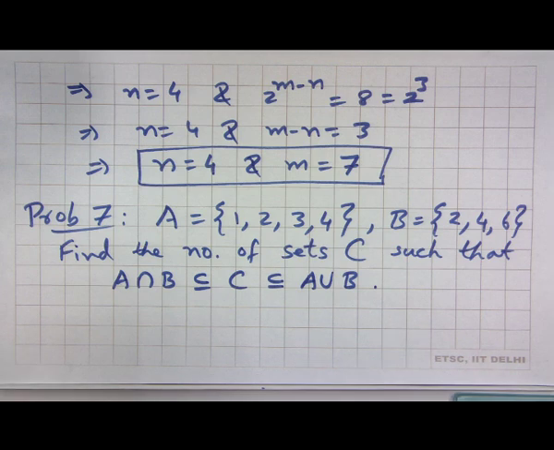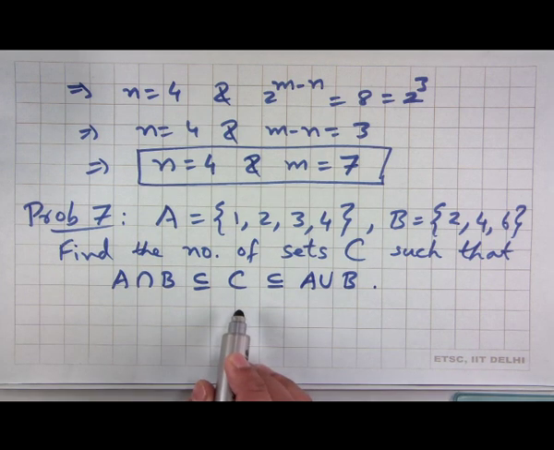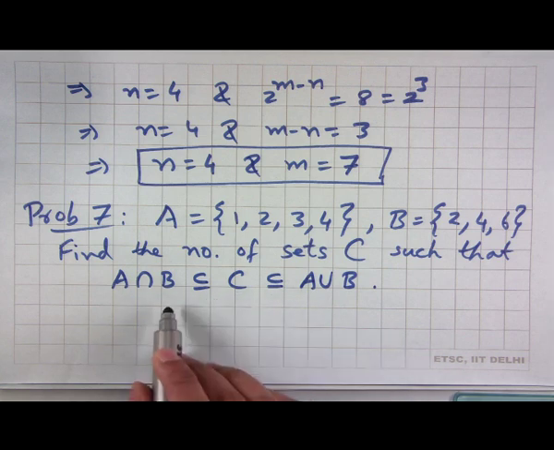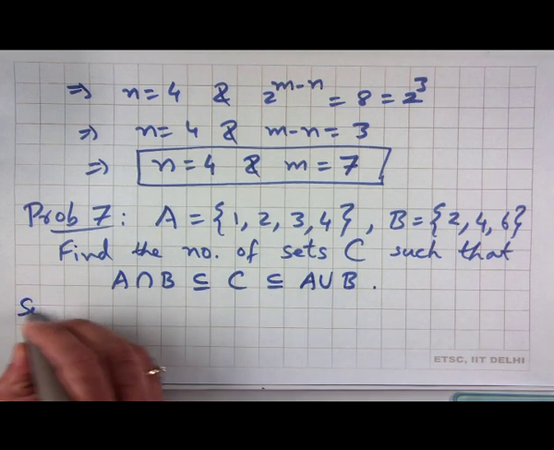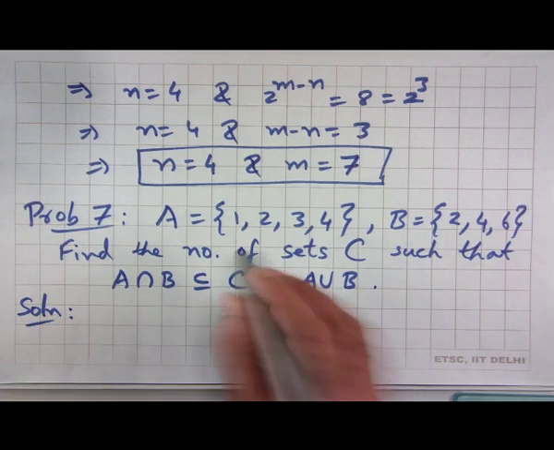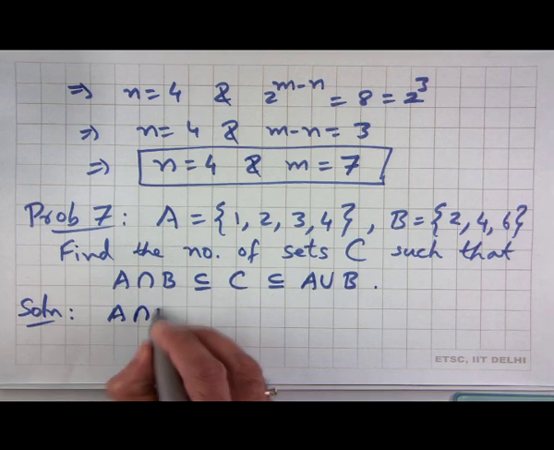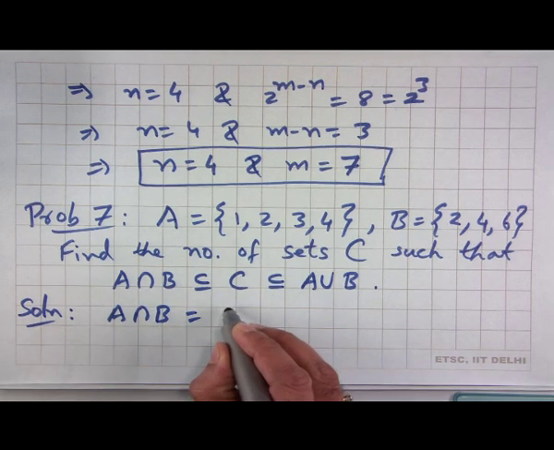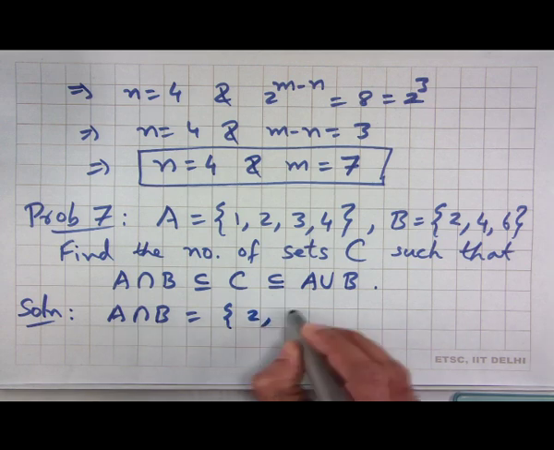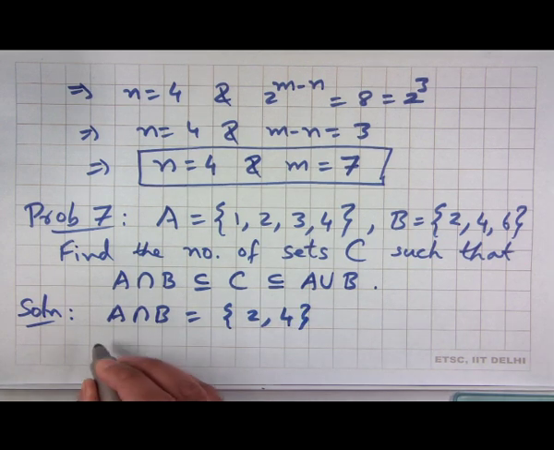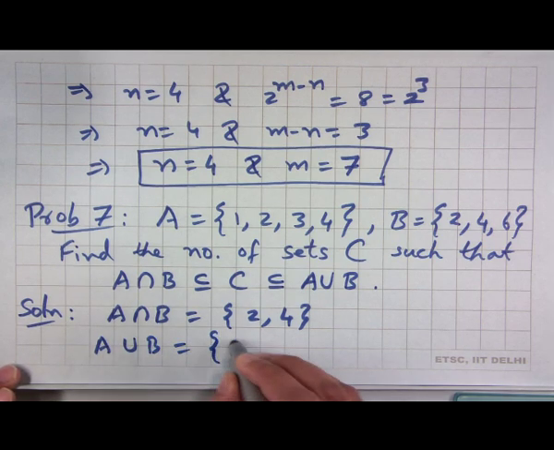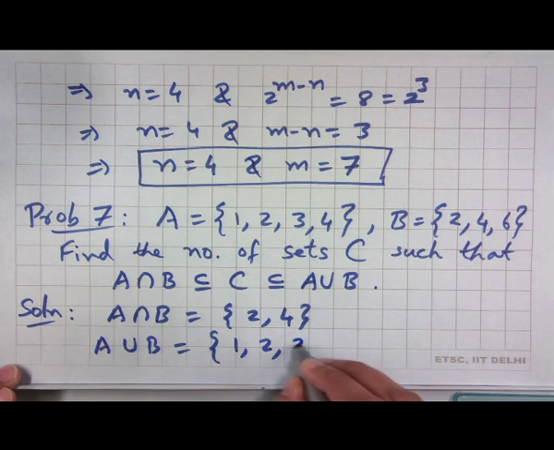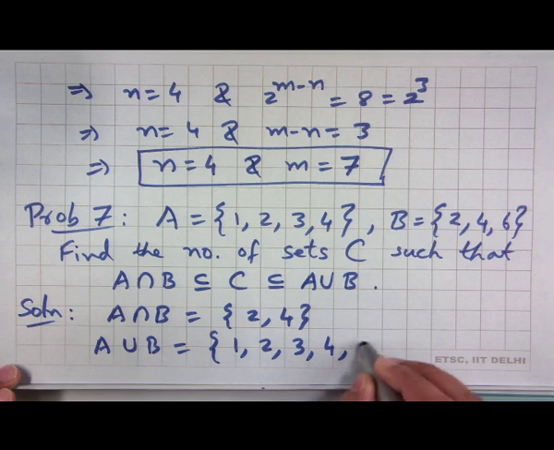So, we have to find all sets C such that C contains A intersection B and C is a subset of A union B. So, in this case A intersection B is equal to the set containing 2 and 4, and A union B is the set containing 1, 2, 3, 4 and 6.